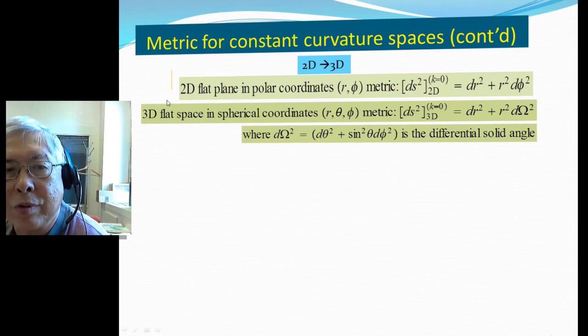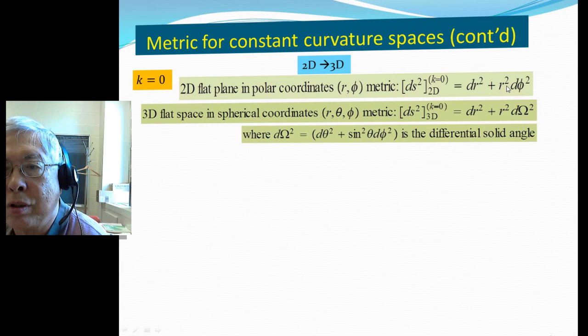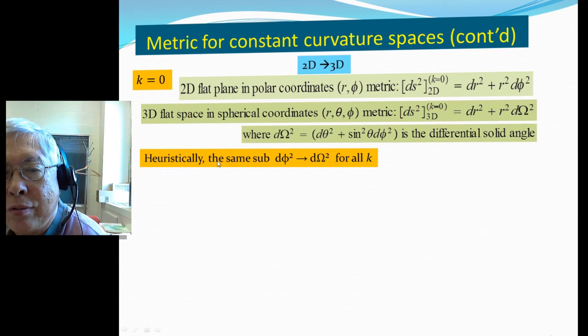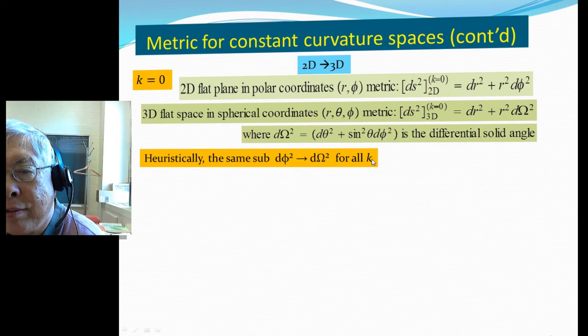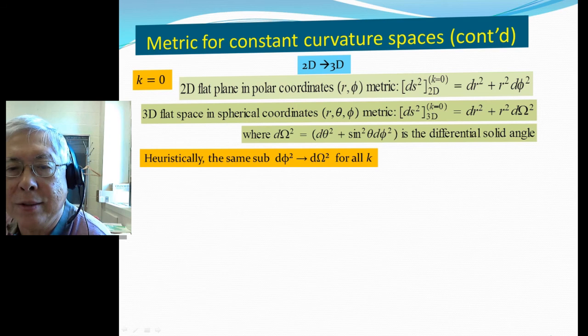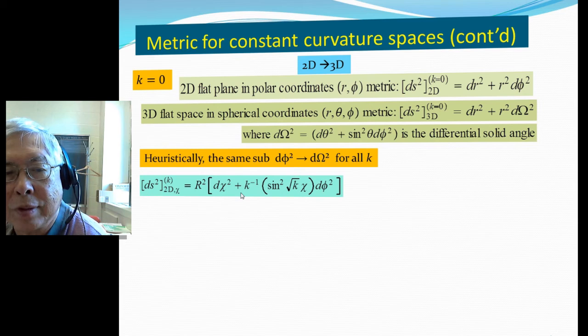So in this case, for k equals 0, between 2D and 3D spaces, you just go from replacing phi by omega, the solid angle. This suggests the same replacement works for all k, not only k equals 0, but k equal to 1 and minus 1. It turns out that's the case. So remember, we had the two-dimensional constant curvature surface.